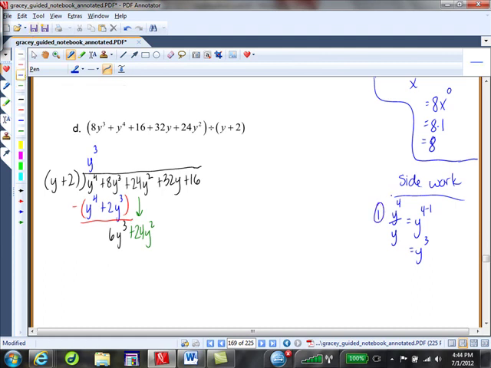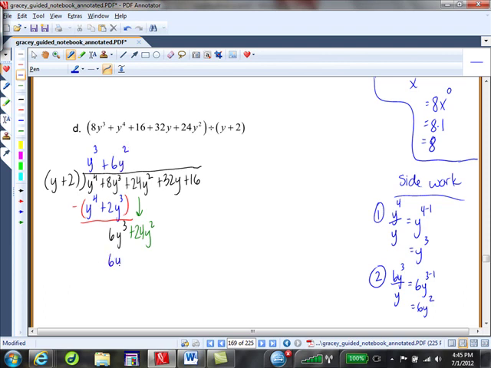So if we're doing the side work, for our next one we would have 6y cubed divided by y, which would be 6y to the 3 minus 1, which is 6y squared. So we would put positive 6y squared.